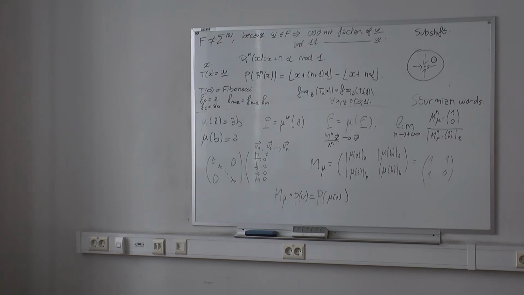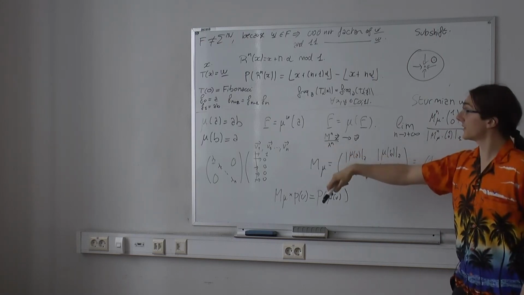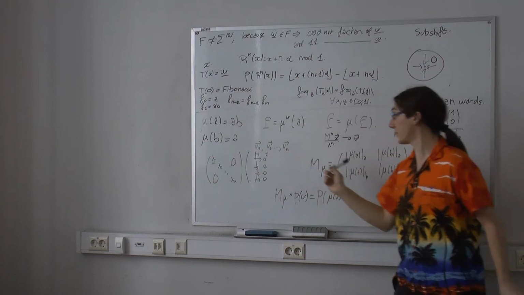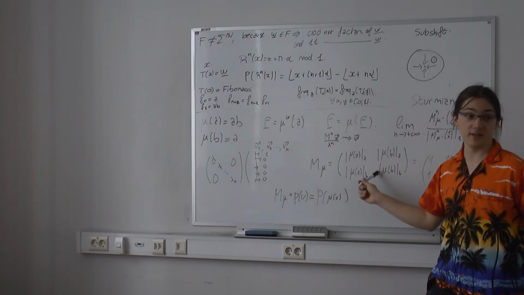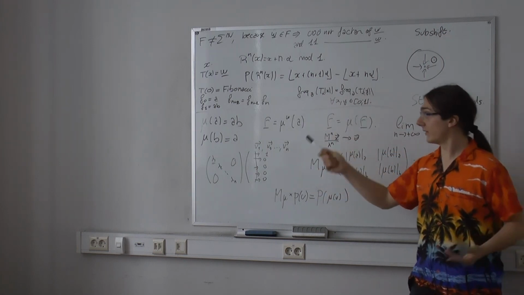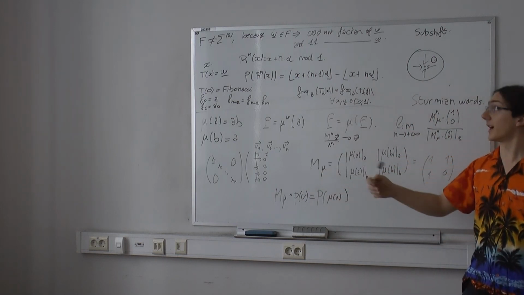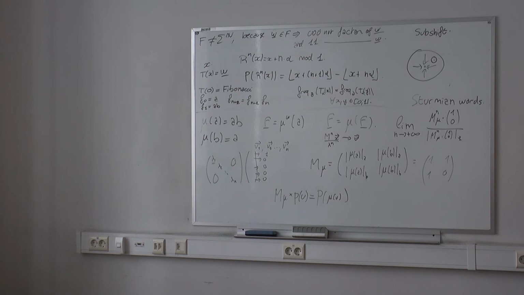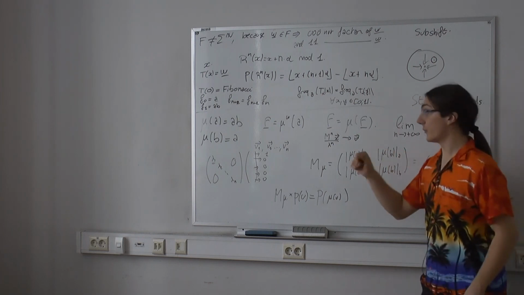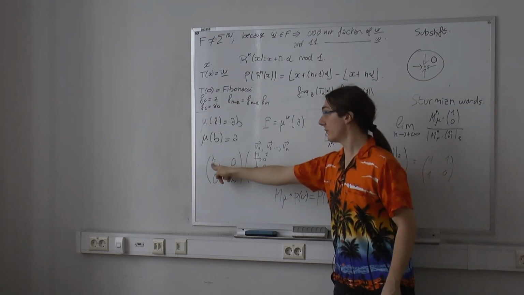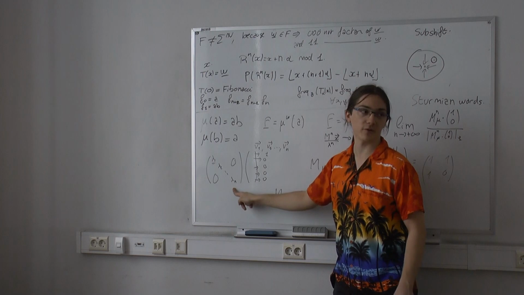It turns out that for many interesting substitutions that show up, you get a matrix that is nice. Sorry, I went a bit too fast because I didn't want to be late for the break, but it seems to be a fail. So when I said large enough, this one should be more than 1, this one should be smaller than 1.